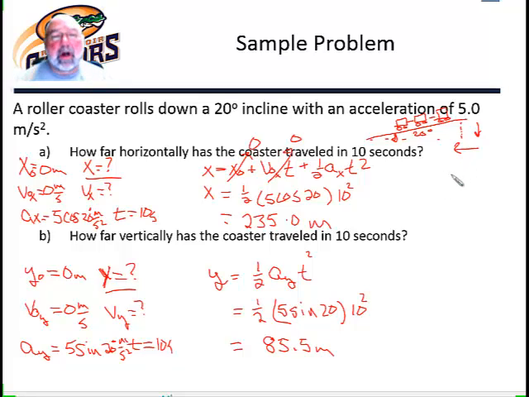We could have drawn this ramp in the other direction. No difference. We would have ended up with the same answers. Would have traveled horizontally 235 meters, and it would have traveled vertically 85.5 meters. Yes, the 85.5 meters would be down because our coaster is rolling down. No problems. I assumed that down was positive.